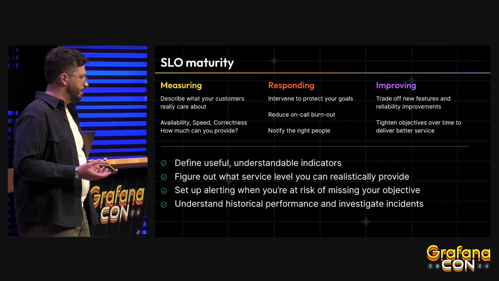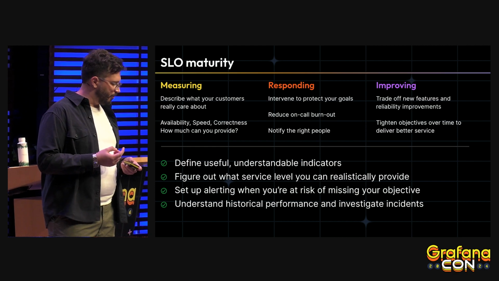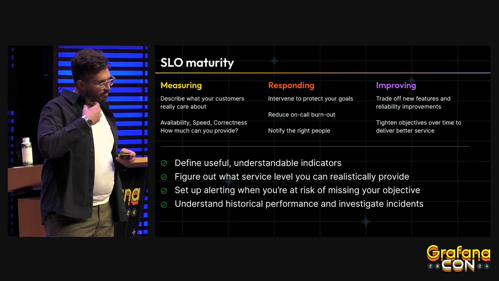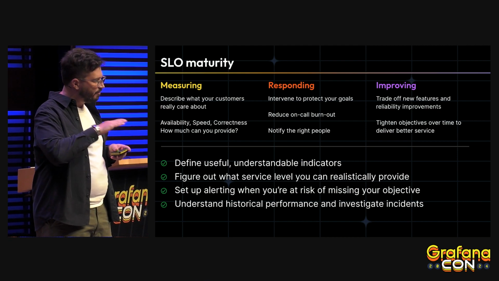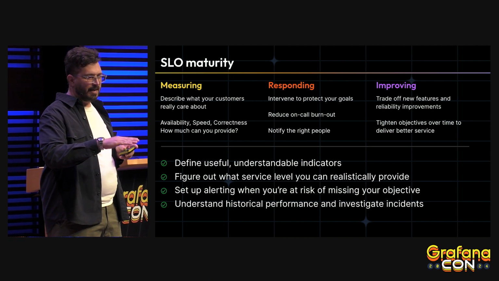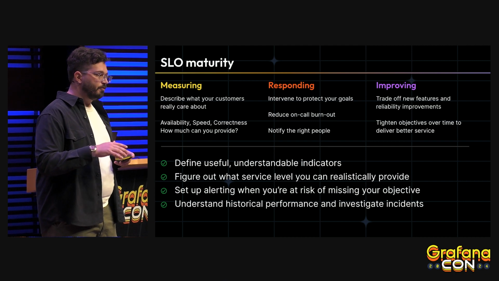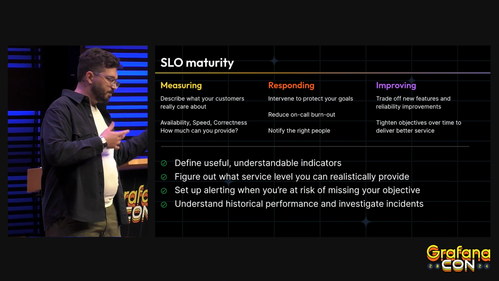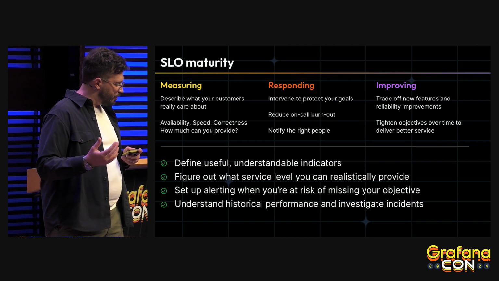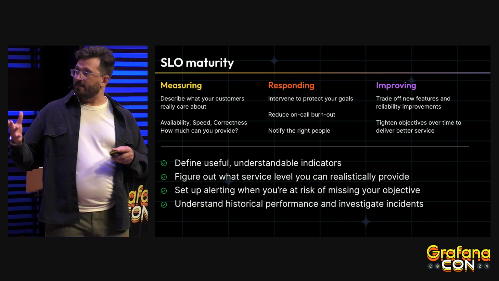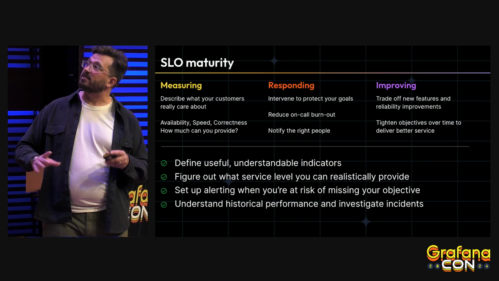You can adjust your team's behavior based on how well you're doing. You can say, I need to trade off feature work for reliability work because I'm cutting it really close in terms of my objectives I'm trying to meet. Or even, over the last month, we had a horrible outage caused by XYZ, and so we underperformed what we expected to do. So you can adjust your behavior based on your past measurements.